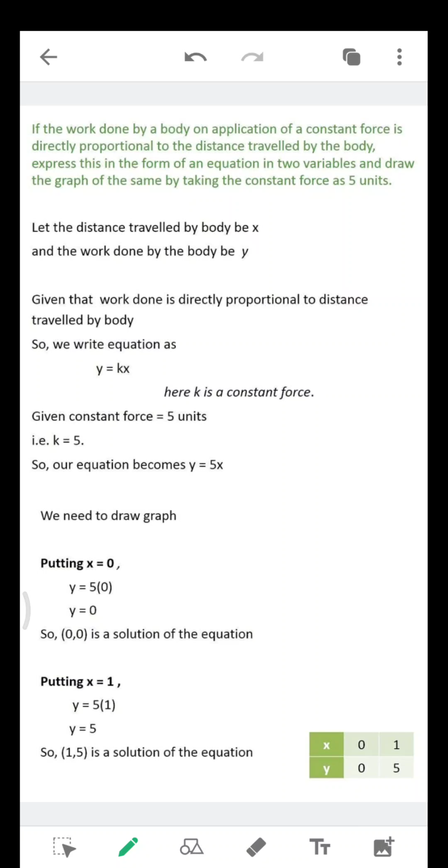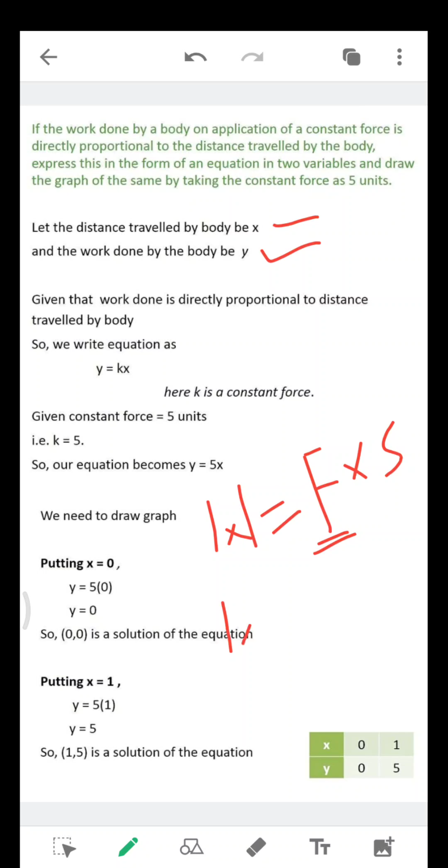So we'll begin in this way. We'll let the distance traveled be x and work done by the body be y. y is equal to kx. The formula for work done is W is equal to F into S. Instead of writing y is equals to kx, you can write W is equal to F into S. So here the constant force is how much? 5 units.